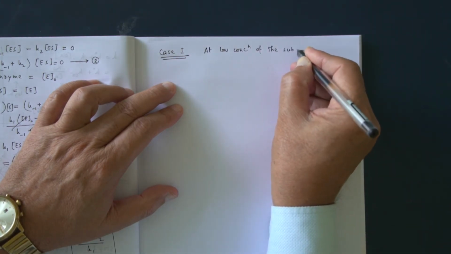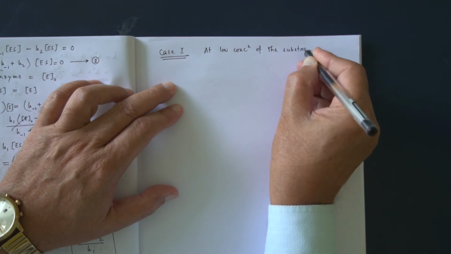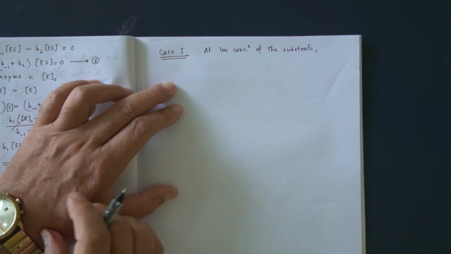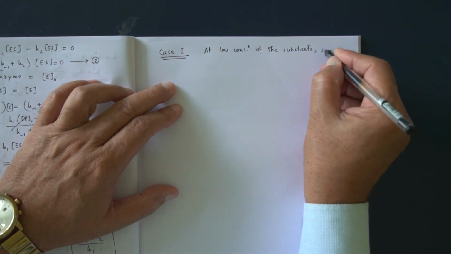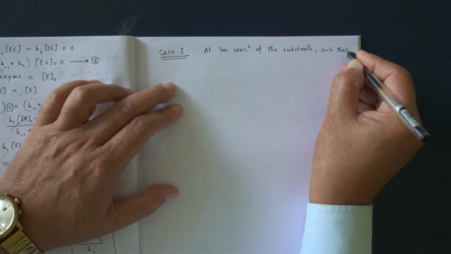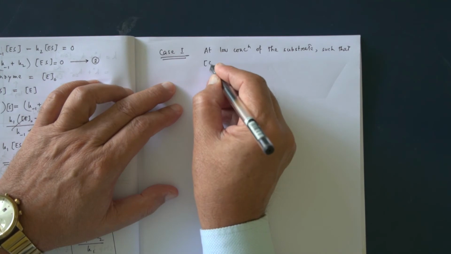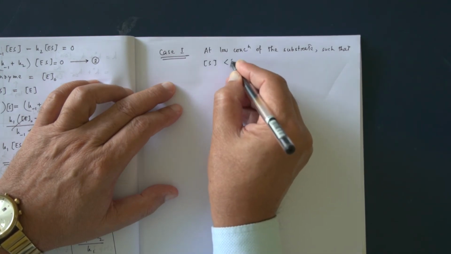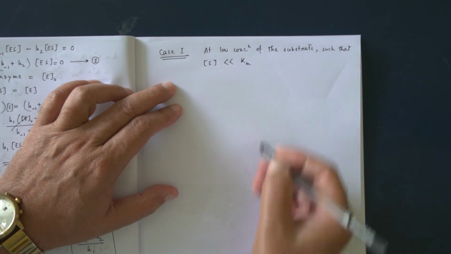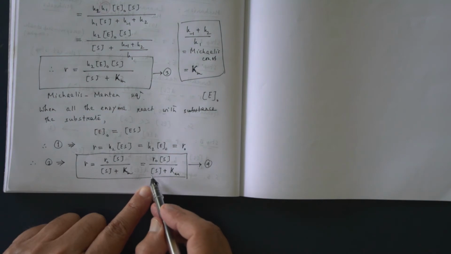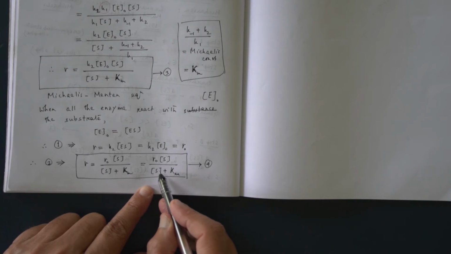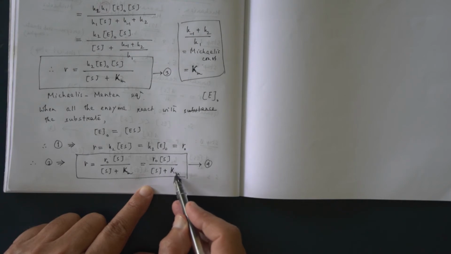That means when the concentration of the substrate is very low, such that the concentration of substrate is very very less than Km.